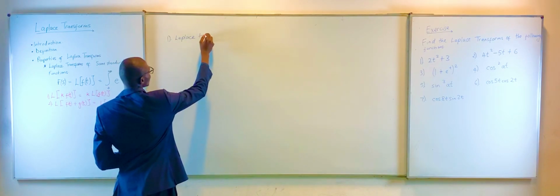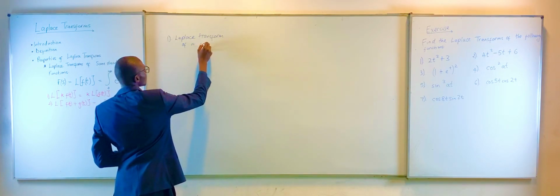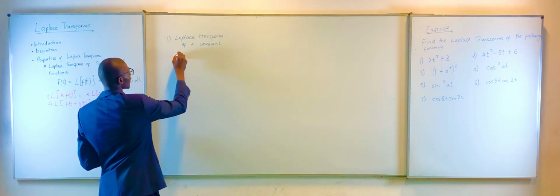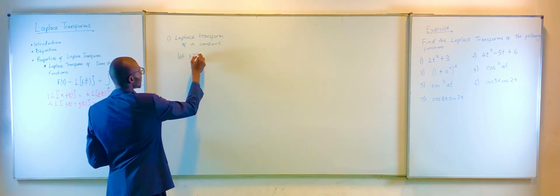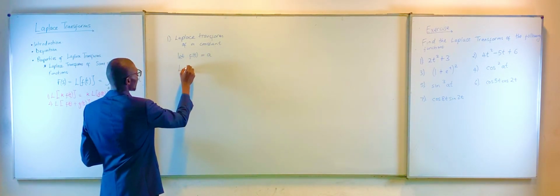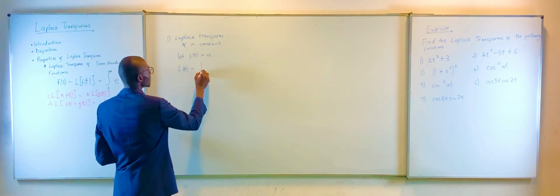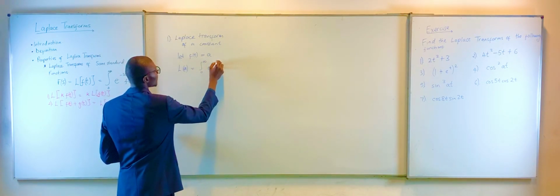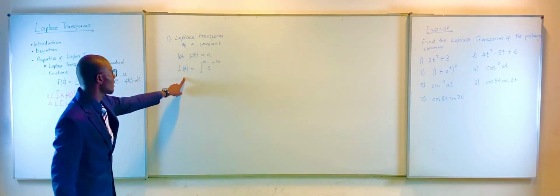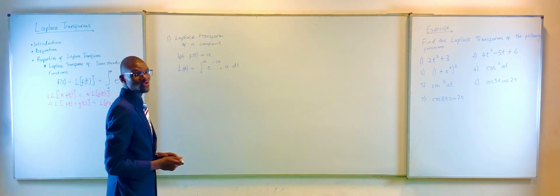So for a constant, we shall say let f of t be equal to constant a, such that the Laplace transform of a from the definition will simply be equal to the integral from 0 to infinite of e to the power minus st, but now in place of f of t we are putting a, so multiplied by a, and this is with respect to t.